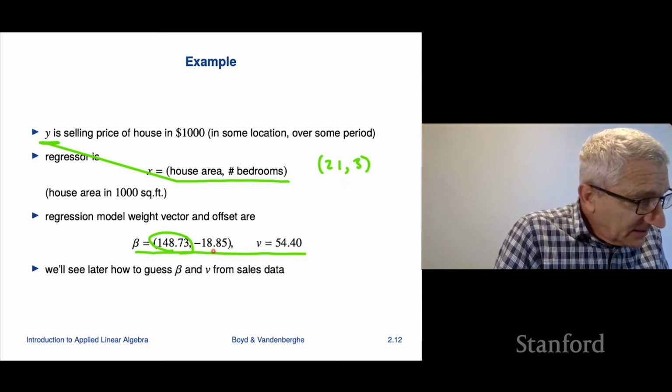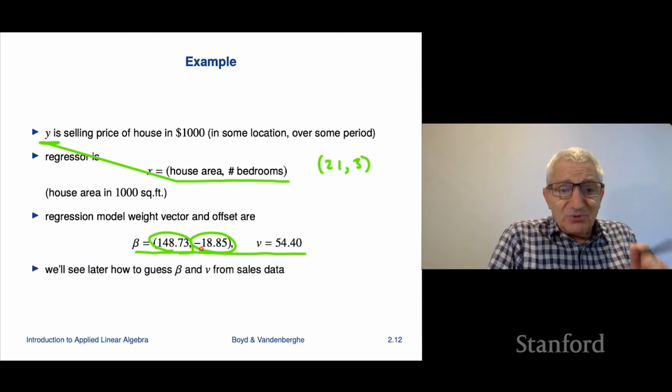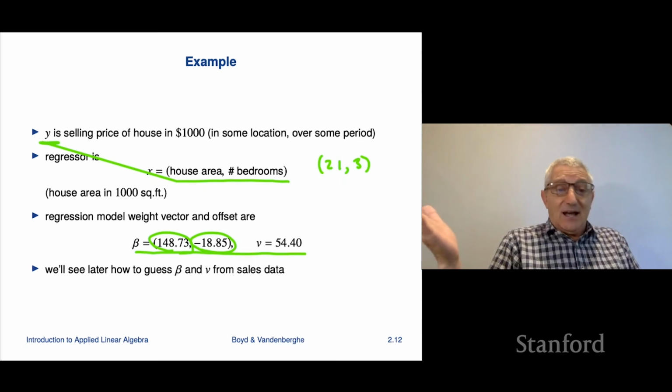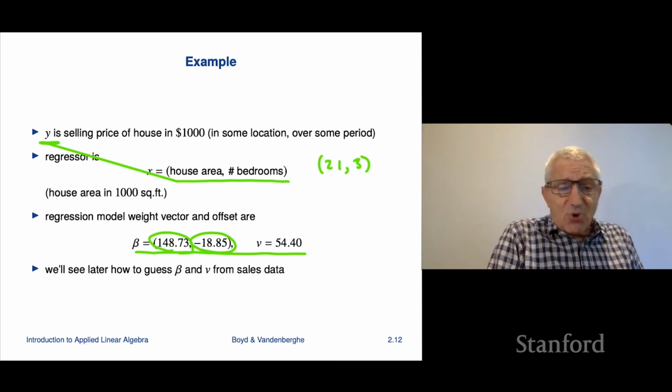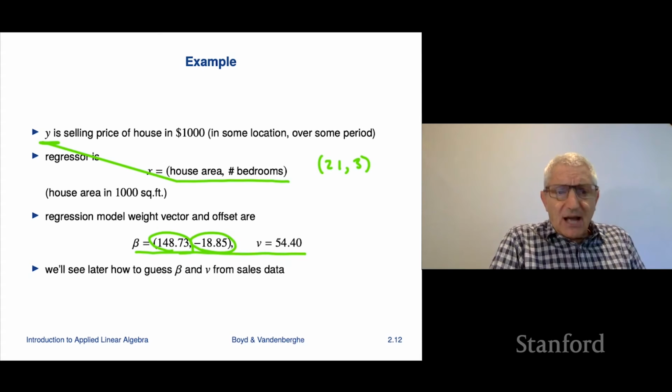Now, this one is tricky. It looks strange, right? It says, wait a minute, this is weird. This says that when the number of bedrooms goes up, we predict the house price to go down, okay? So then you think that surely that's wrong. And you go, well, it might not be wrong. I'll give a rough explanation for it now.